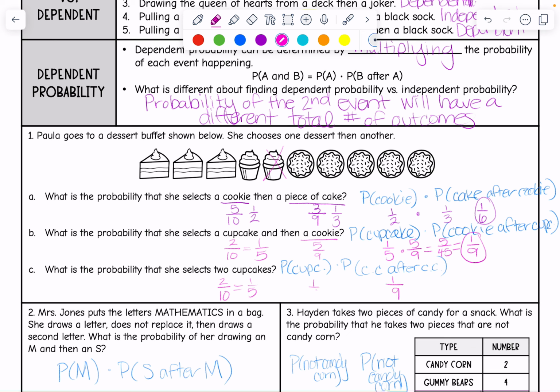So we're going to do 1/5 times 1/9. Again, this 1/5 came from the 2/10. So think 2/10 times 1/9. Both the numerator and denominator decreased there because it was the same item. So when we multiply straight across, we have 1/45. So she has a 1 in 45 chance of randomly choosing both cupcakes.